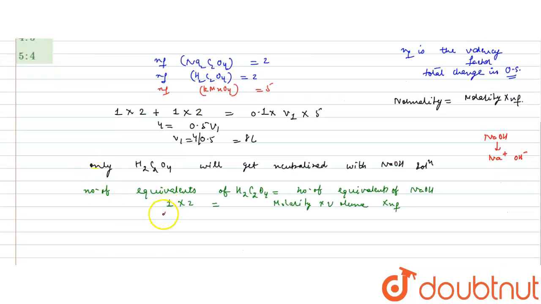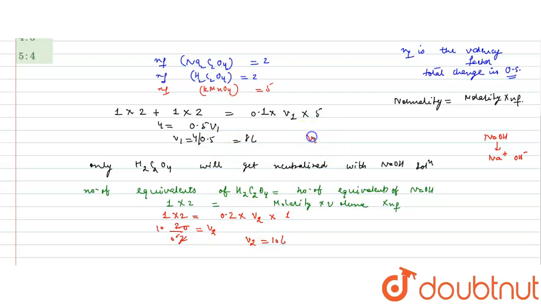So it will be 1 into 2 equals to molarity 0.2 molar, into V2, which we have to calculate, and n factor is 1. So 2 upon 0.2 is V2, that will give us 10 liters. It means V2 is 10 liters.